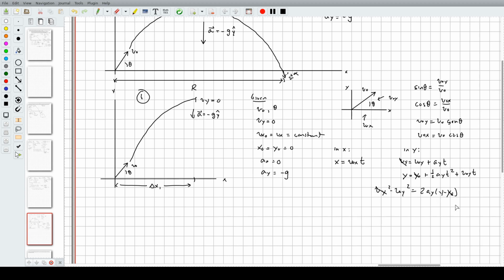And so, really out of these equations, when we're done massaging them, we end up with this: y is equal to 1/2 ay times t squared plus v naught y times t, and minus v naught y squared is equal to 2 times ay times delta y.